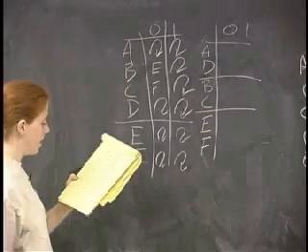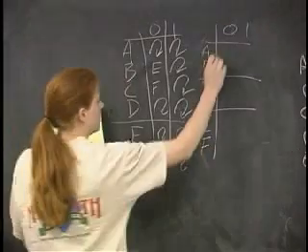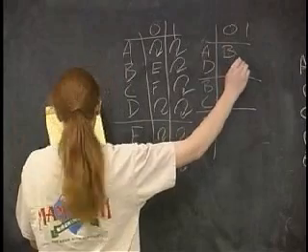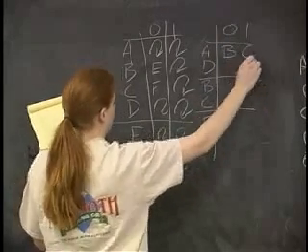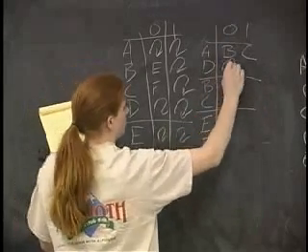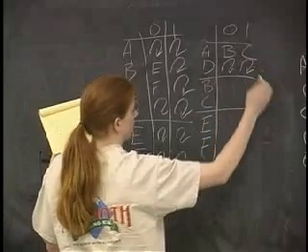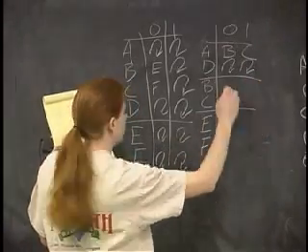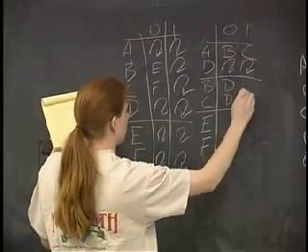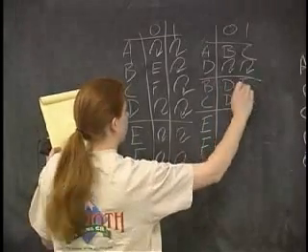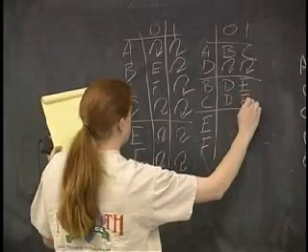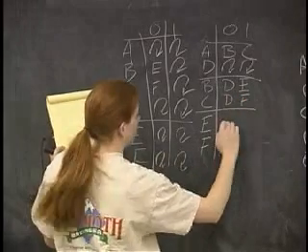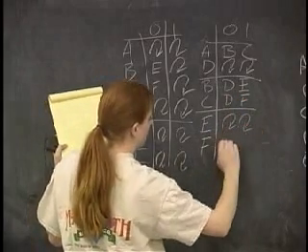Now this time, A goes to B on a 0 and C on a 1. And D just goes to itself, so it stays in that group. B and C both go to D on a 0, and they go to various accept states on a 1. E and F stay there.